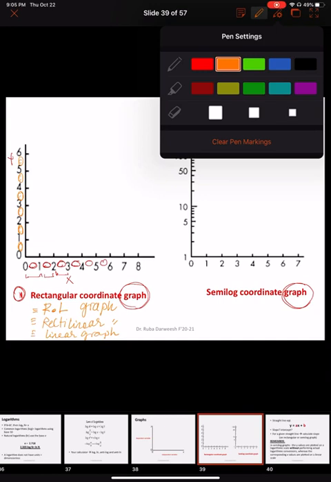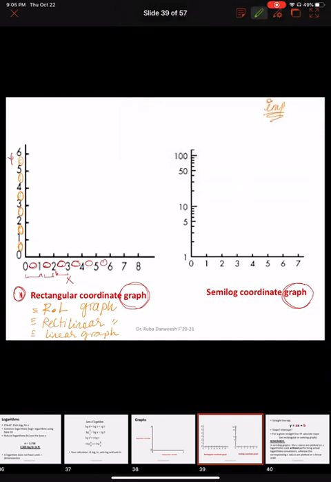For the semi-log graph, or what we call the SL graph, this is your x-axis and this is your y-axis. It is semi because one of them is in the log term and the other is linear.